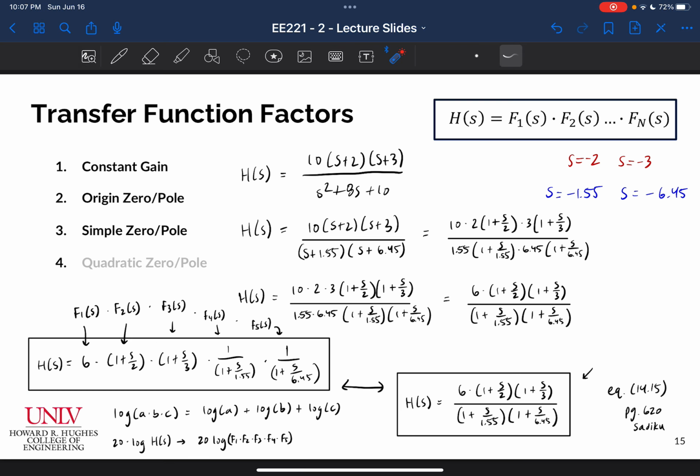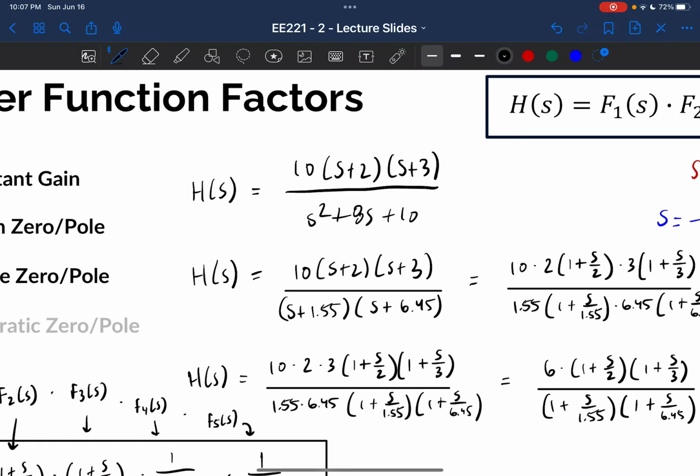All these transfer functions can be written in terms of these factors. The constant gain is this term here, 6. The origin poles and zeros, we don't have any in this particular case, but an origin pole or zero is basically if I were to have a standalone s in my numerator or denominator.